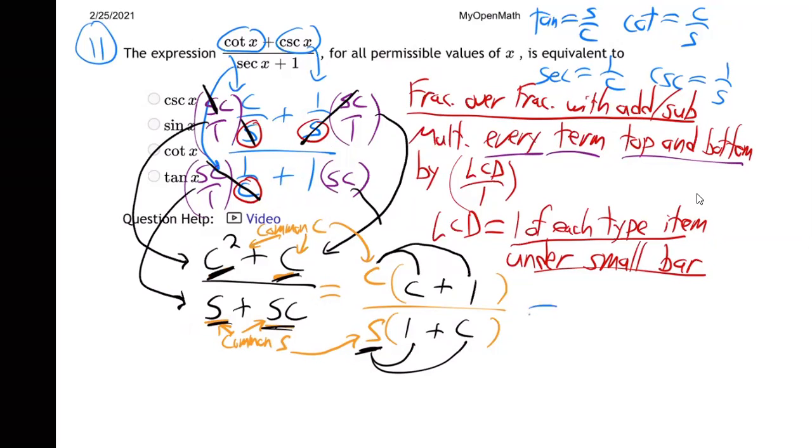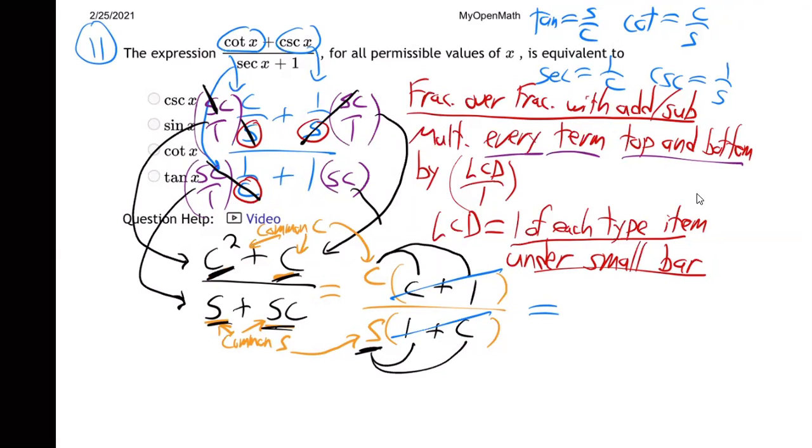All right. And now what happens? This and this cancel. They're the same thing. The order doesn't matter. 1 plus C, C plus 1, whatever. Just like 2 plus 1 is 3, like 1 plus 2 is 3, the order doesn't matter. They're the same thing over itself, so they cancel. And it's totally fine. I'm buying the whole package there, right? I'm taking both sides of the plus sign.